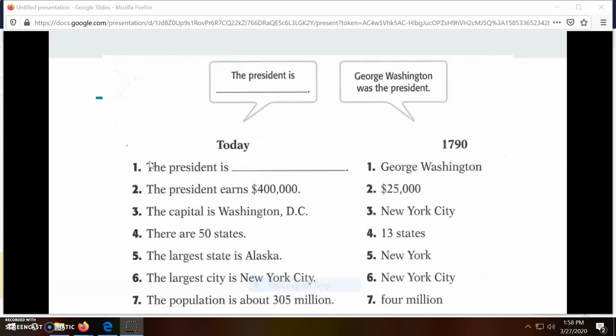The largest city was New York City in 1790. Seven, the population is about 305 million today. The population was 4 million in 1790.